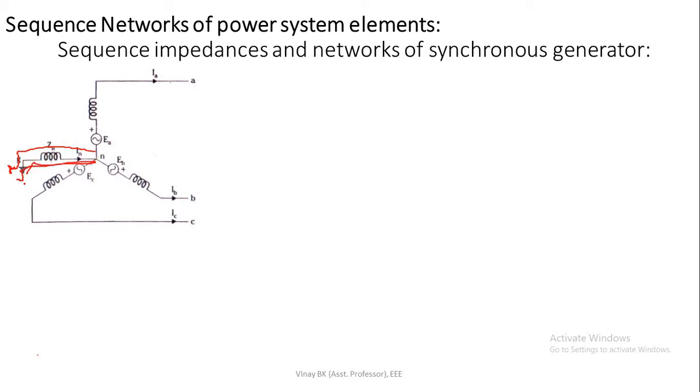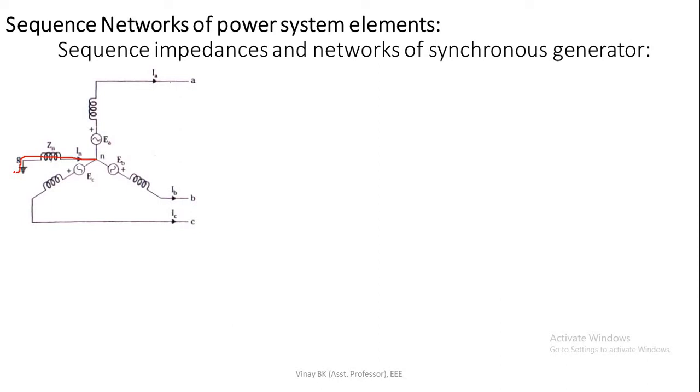That is, In flows from here to here via Zn. So there are two conditions. When it is balanced, In is zero. If it is unbalanced, In flows from Zn to ground.